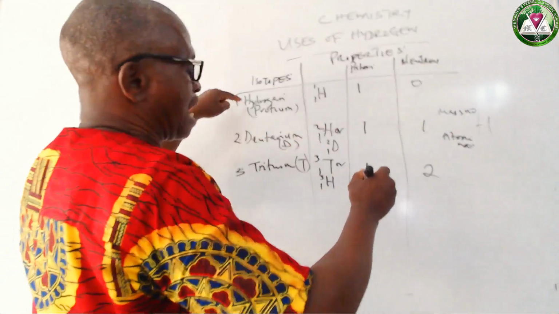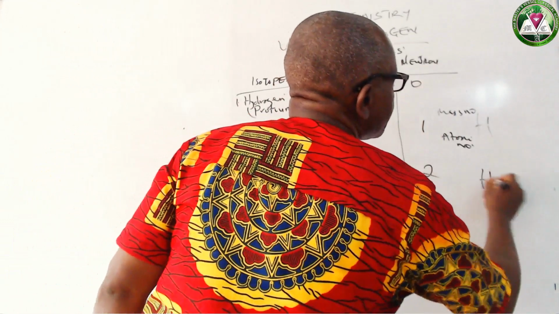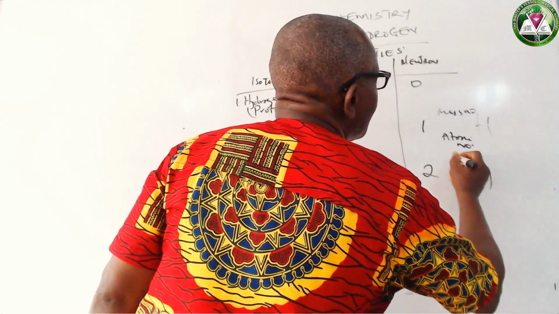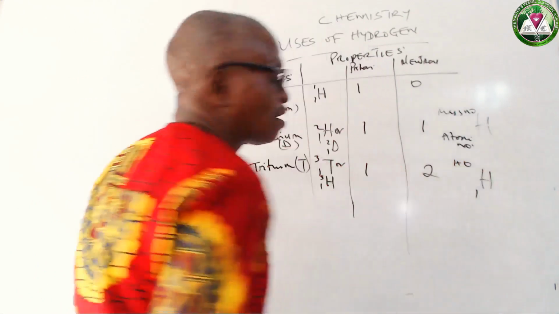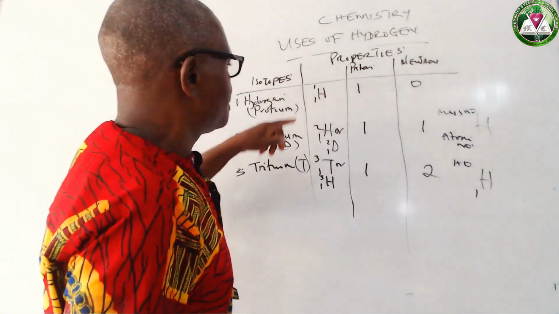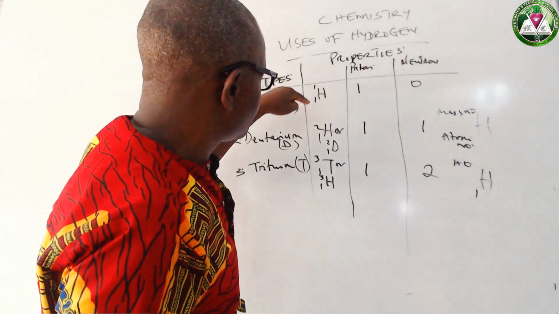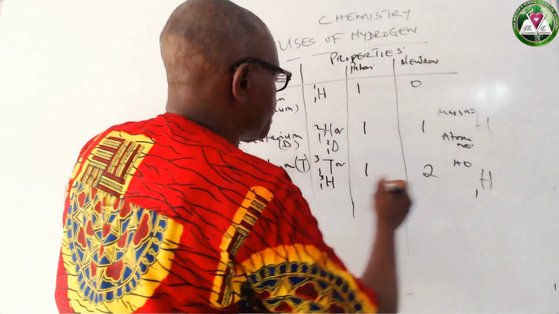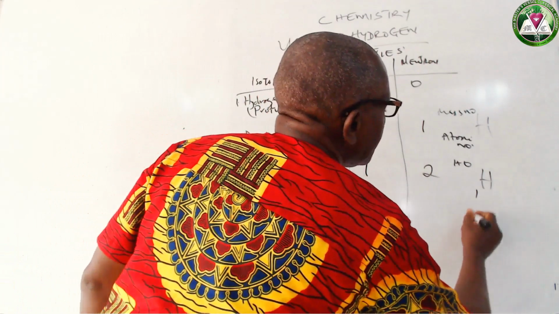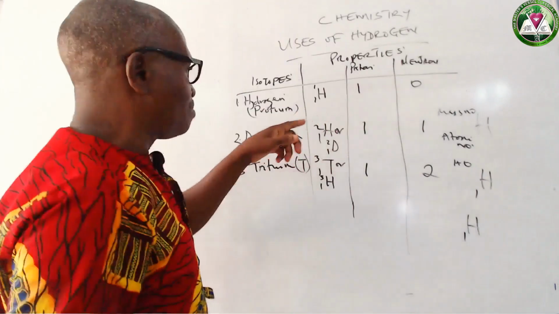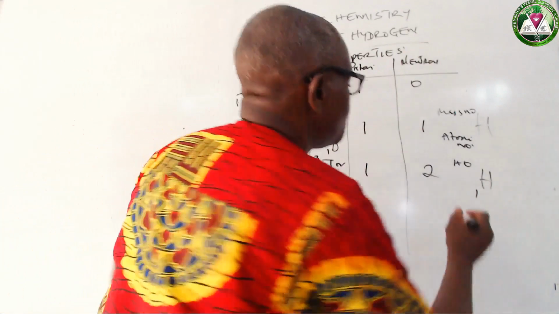Therefore, for ordinary hydrogen, you have H, atomic number 1, mass number 1 plus 0, that will give you 1. That's why this one is 1, 1. Mass number 1, atomic number 1. Then you have the second one, deuterium. You have H, atomic number 1. This one, the mass number will be 1 plus 1, which is 2.